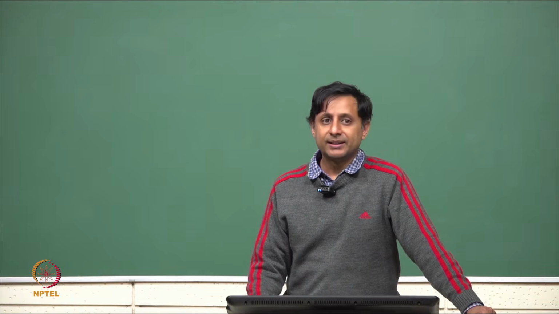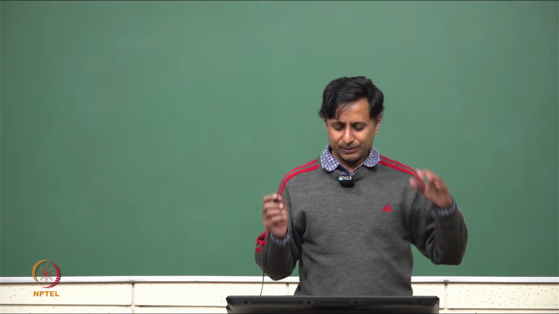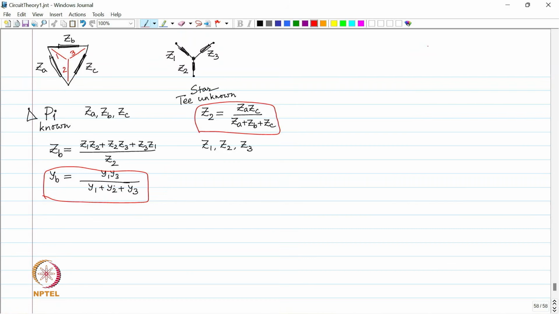Okay. Now, suppose I have 3 resistors in series 1 ohm, 1 ohm, 1 ohm, how much is it? 3 ohms. I want to make 3 ohms using 3 resistors in parallel. What will I use?